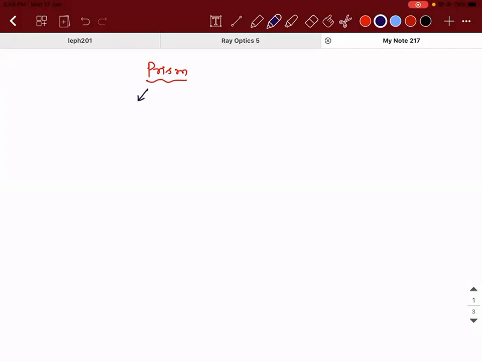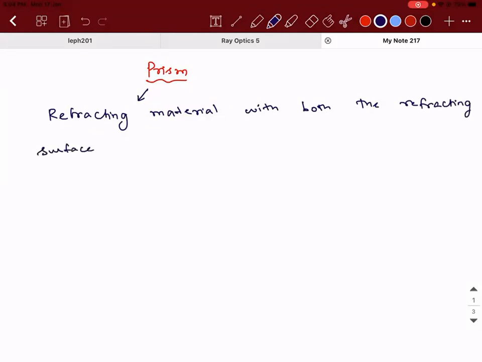So what does basically a prism mean? A prism is a refracting material without a doubt, with both the refracting surfaces being planar in shape.